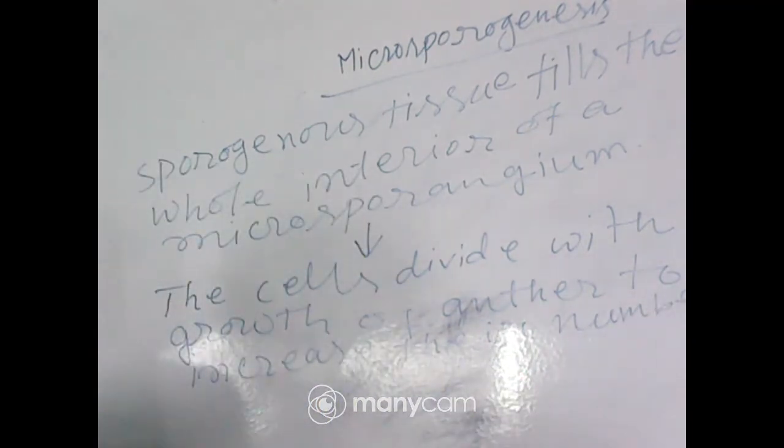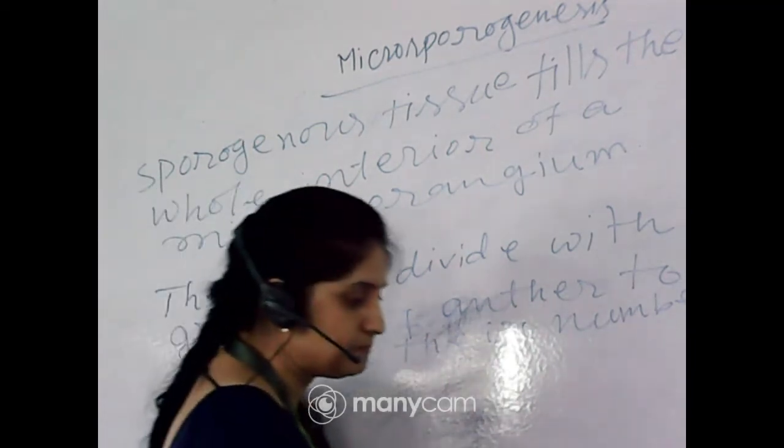So first, sporogenous tissue fills the whole interior of a microsporangium. Next, the cells divide with the growth of the anther to increase their number.